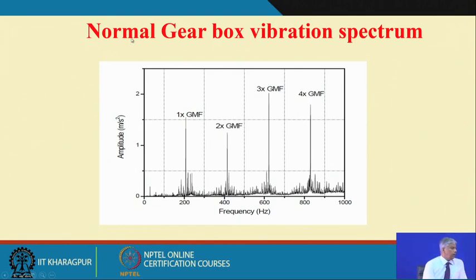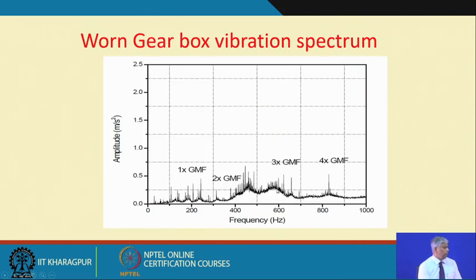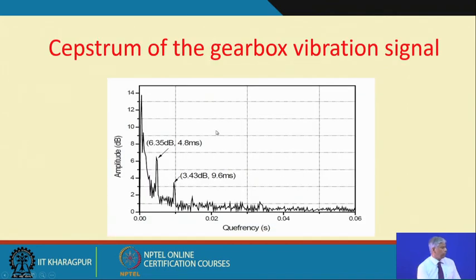So, even in a normal gearbox on the rig in the laboratory which we saw, we can see such gear meshing frequencies coming up, but the intensity of the sidebands would increase when the gearbox wears out. Okay.